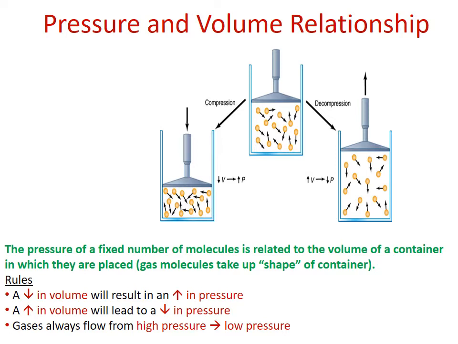Now what will happen during inspiration? During inspiration, you can see the volume of the thoracic cavity increases. Why? Because first, the diaphragm will be pulling down and the external intercostal muscles will be contracting, and that will cause the thoracic wall to expand.